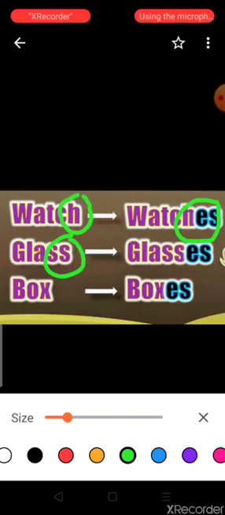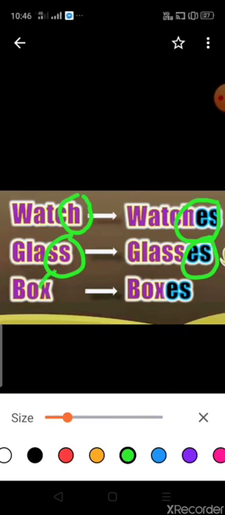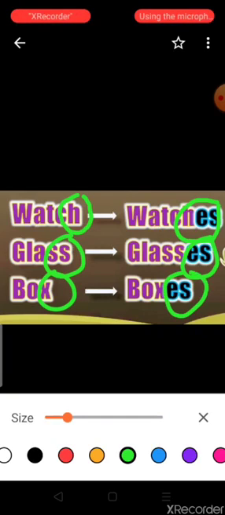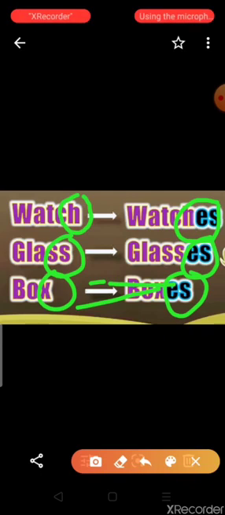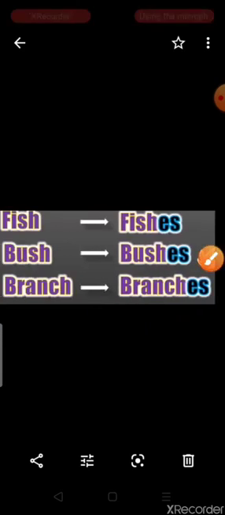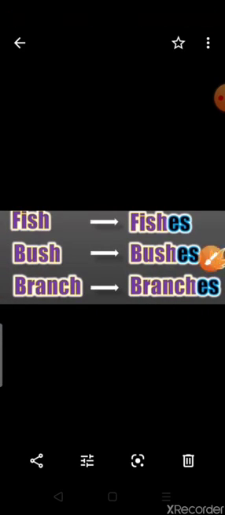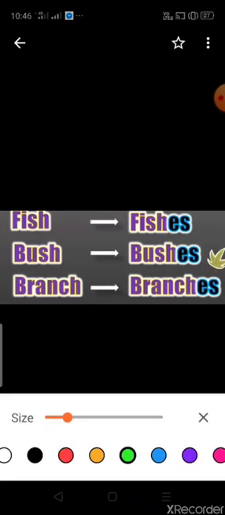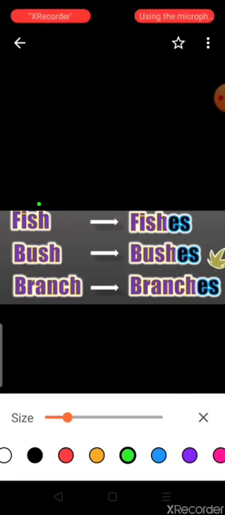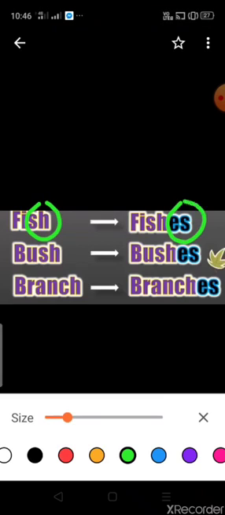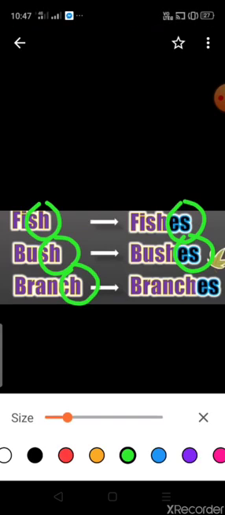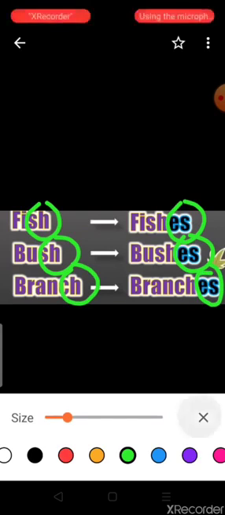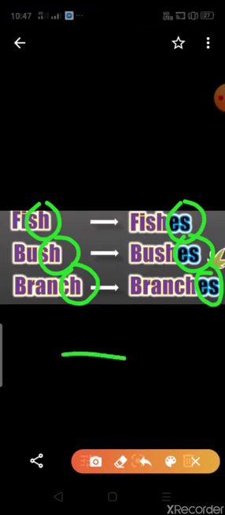Glass, glasses; box, boxes; fish, fishes; bush, bushes; branch, branches. Now next slide.